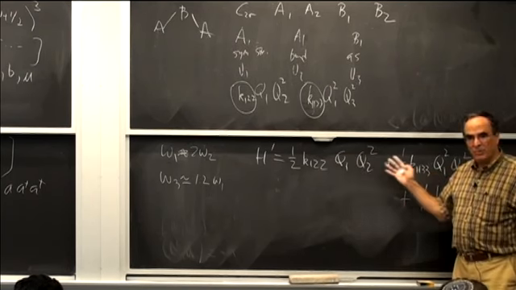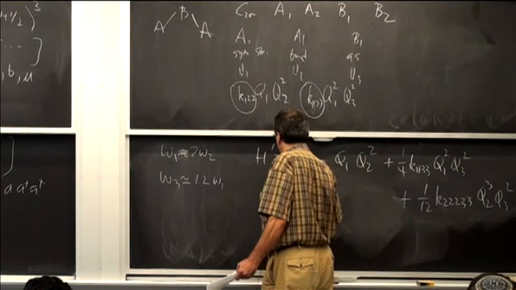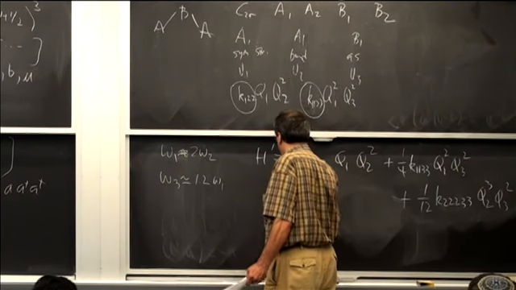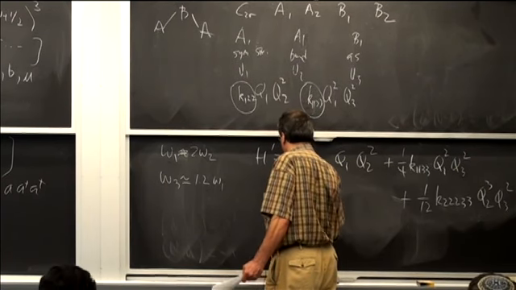Mode 3 is not totally symmetric. So anytime we're coupling to mode 3, we have to have two of them. So we could conceivably have Q1, Q3 squared. We could have Q2, Q3 squared.